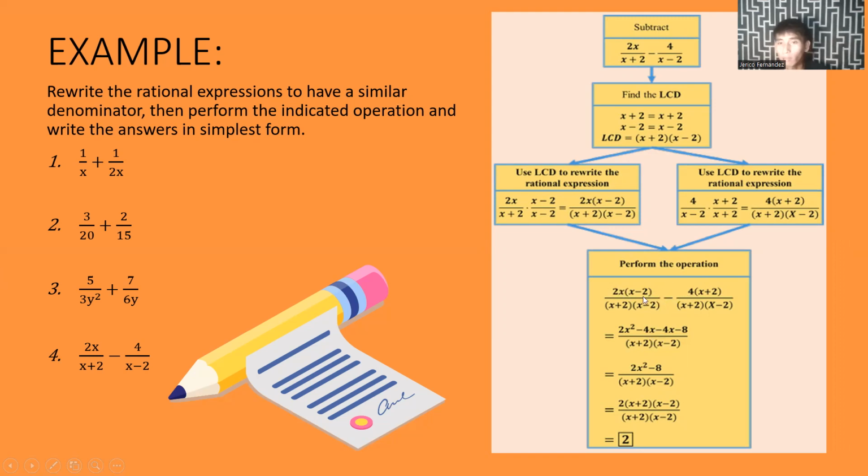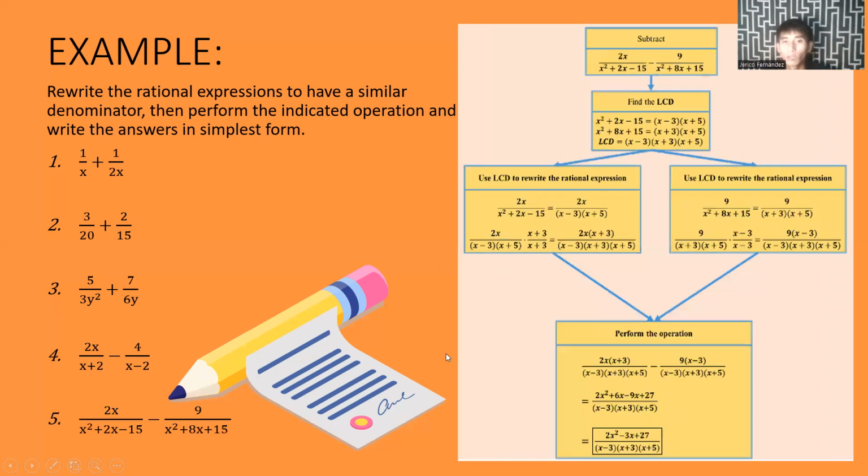So we will have this one. 2x squared minus 4x minus 4x minus 8. Since we distribute this, we also distribute the negative sign. So we have this, and then again, simplify if necessary, and just cancel out those terms which are common.